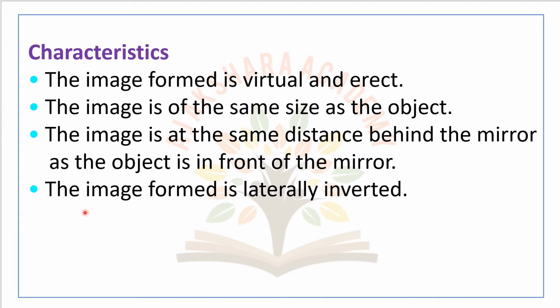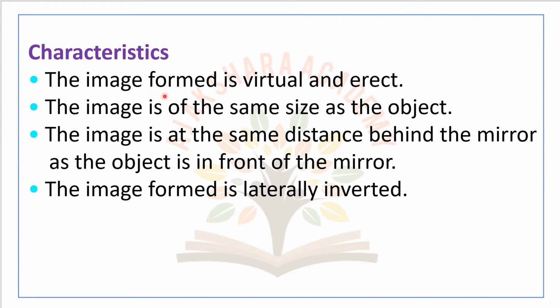The last one is the image formed is laterally inverted. Laterally inverted is nothing but the phenomenon of the right hand becoming the left hand and the left hand becoming the right hand. This is the phenomenon of lateral inversion.